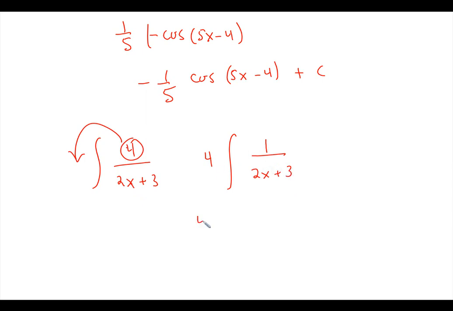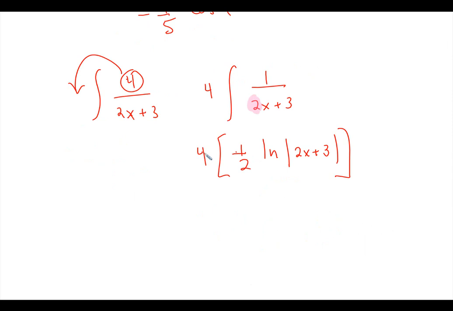So we have the 4 right here, times, now we integrate this, so I recognize there's 2 in front of this x, so then that's going to give me 1/2, and then this will give me a natural log, absolute value, 2x plus 3, and then we would have the plus c. So let's simplify this real quick. The 2 and the 4 simplify, so we would get 2 natural log, absolute value, 2x plus 3 plus c. Okay?